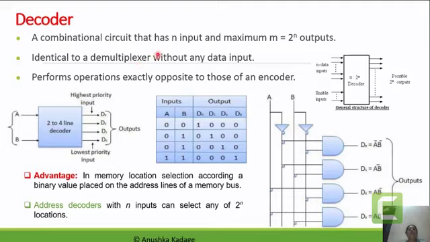The decoder is generally similar to the demultiplexer. Instead of having a single input line, as in the demultiplexer, in the decoder we will have n input lines. The general representation for a decoder is n to 2 raised to n decoder, and we can take an example of a 2 to 4 line decoder.